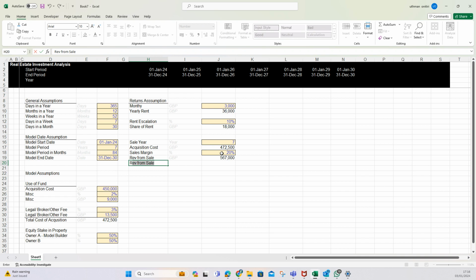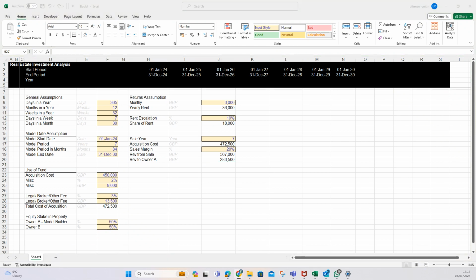Revenue to owner A based on their equity holdings is going to be, so at the time the property is going to be sold, owner A is expected to receive £283,000 cash from the sale of the property.